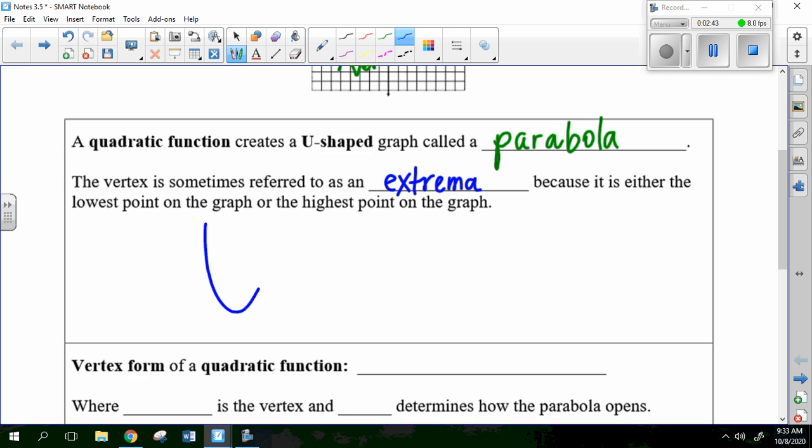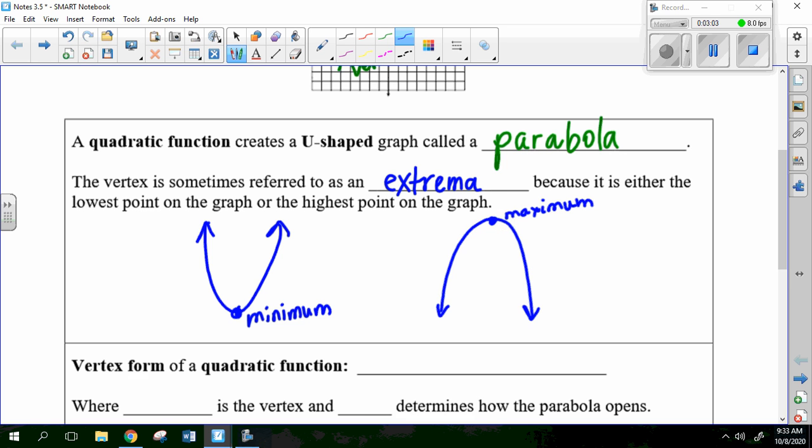If the parabola opens up, the vertex is the lowest point, and we call that a minimum. If the parabola opens down, the vertex is called a maximum. But extrema is the plural for min and max. So just throwing in some more math terminology here.